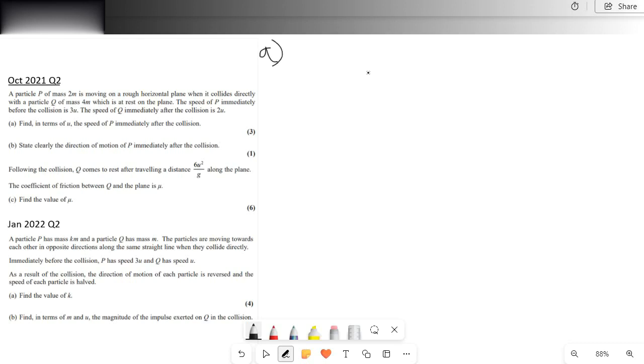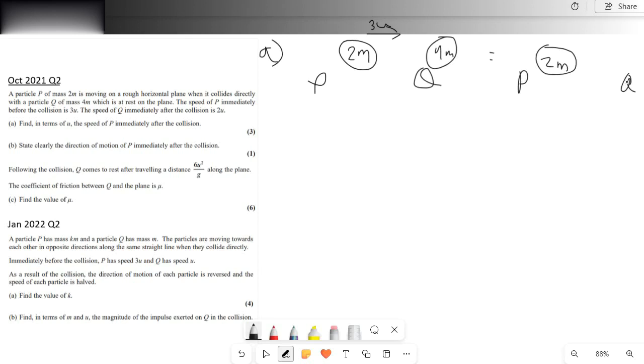For part A, let's draw the particles again so that we have a good grasp of the situation. So this is 3u towards the right, this is 4m, and after collision, this is 2m, this is P and Q, and this is also P and Q respectively. This is 4m.